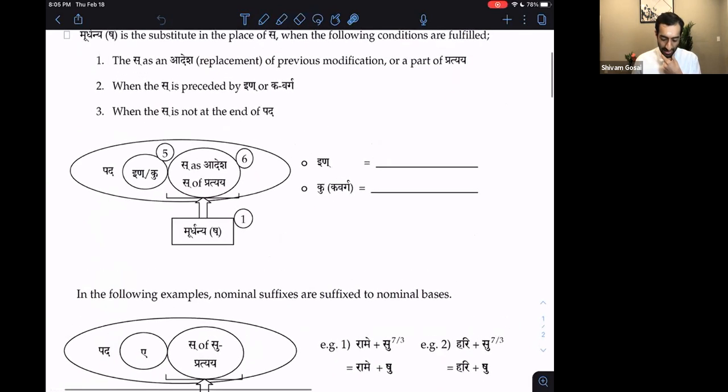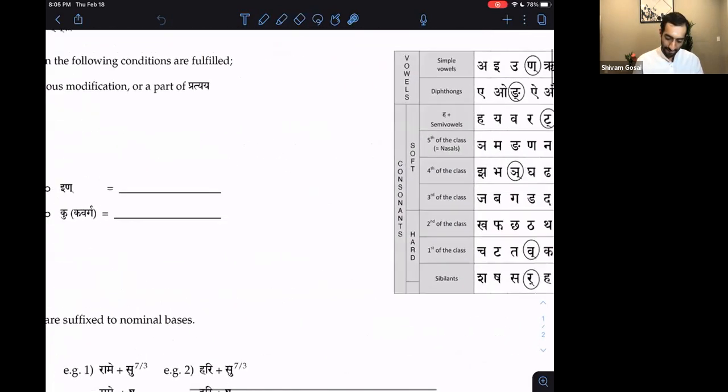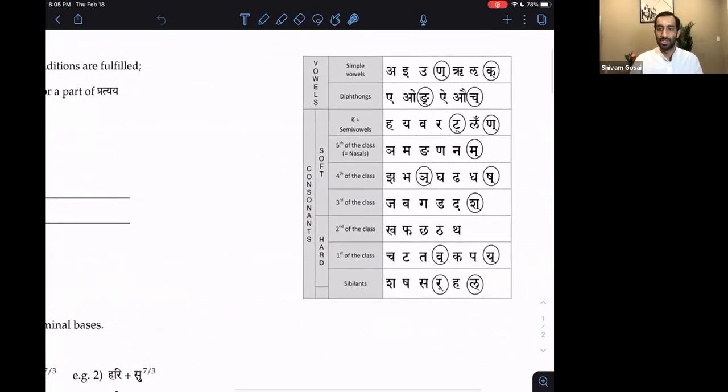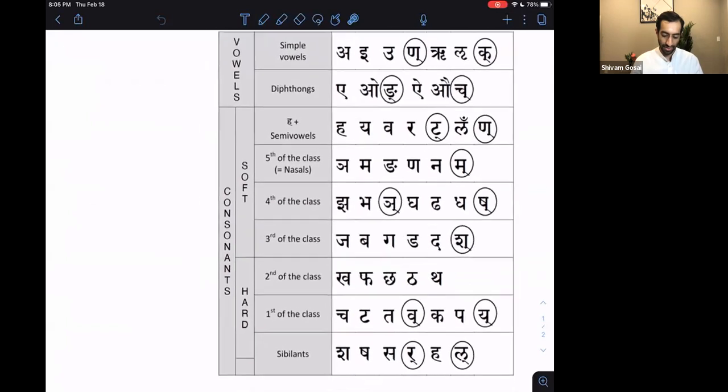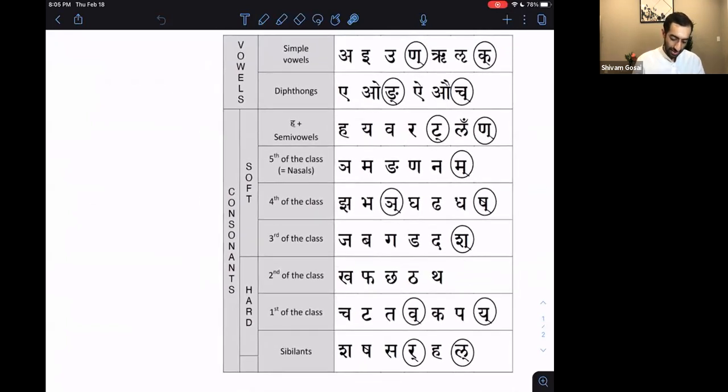So what is in? Handily, I have the Maheshwara Sutra. In, we take E, and do you notice how there's two na? When we say in, it's always going to refer to this second nakara.